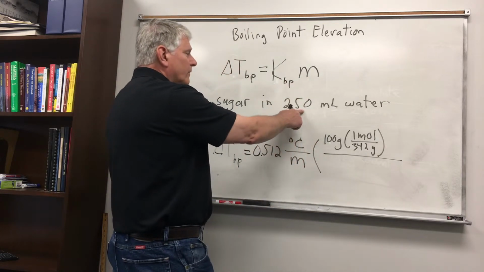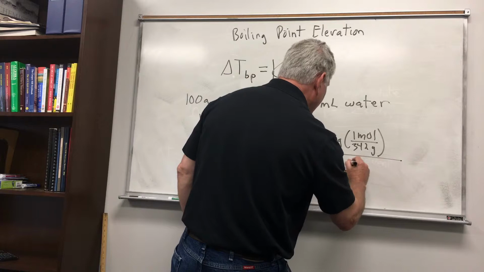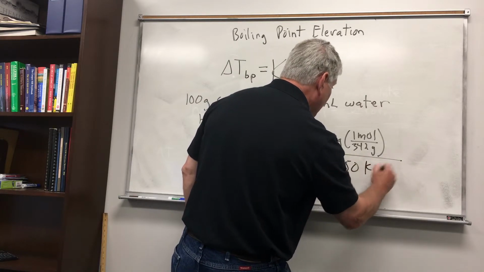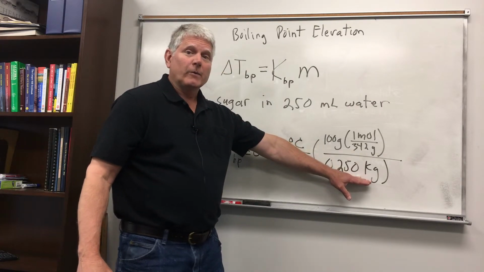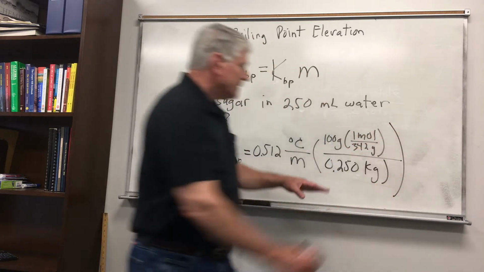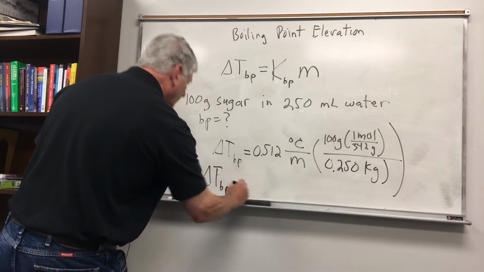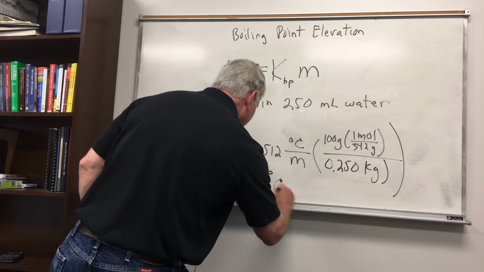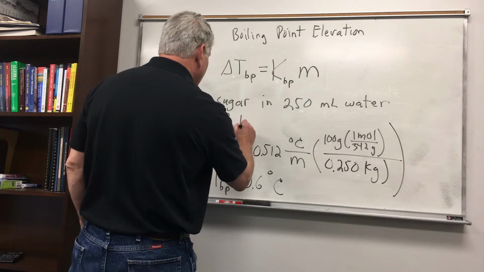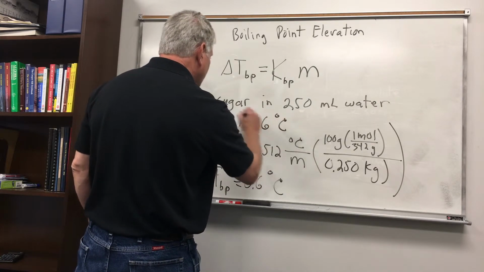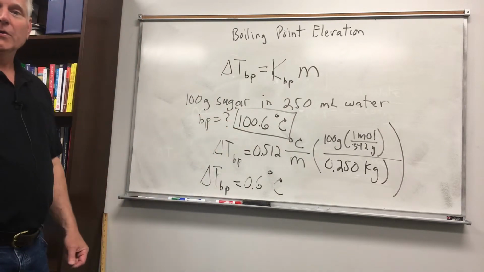Water is 1 gram per milliliter density, so this would be 0.250 kilograms of water. Remember, this mass is in kilograms for molality. So this is the molality of the solution. This would give us a change in boiling point of 0.6 degrees centigrade. So the boiling point of our sugar solution would be 100.6 degrees centigrade. So the boiling point would go up by about half a degree.